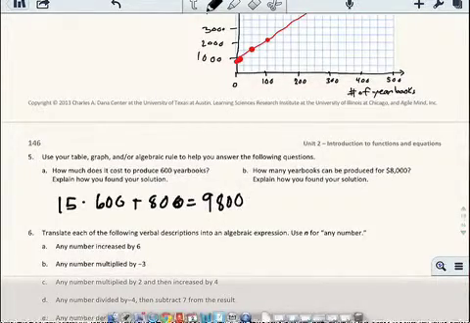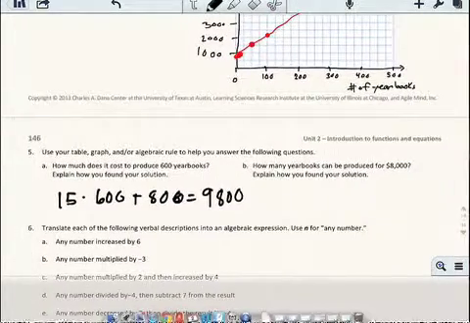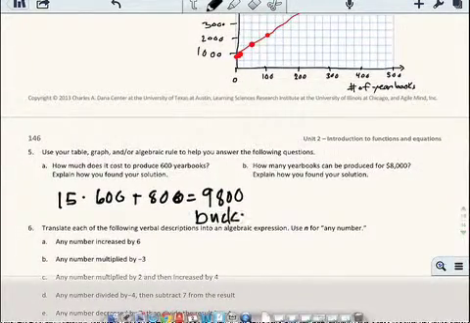I'm going to double check my mental math. 15 times 600 plus 800, 9,800. Cool. So 9,800 bucks, or dollars, or whatever.